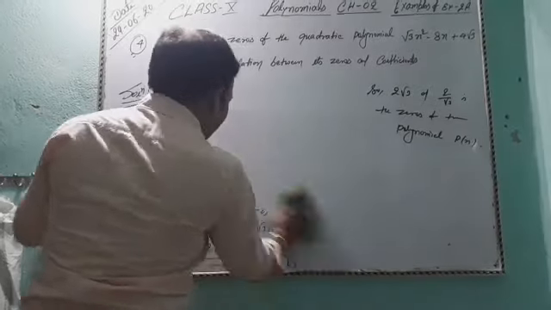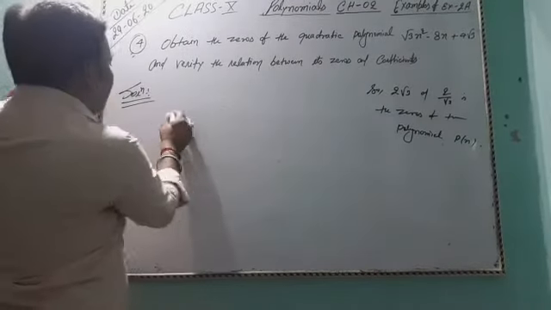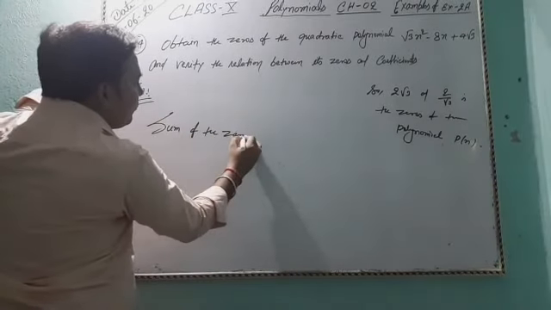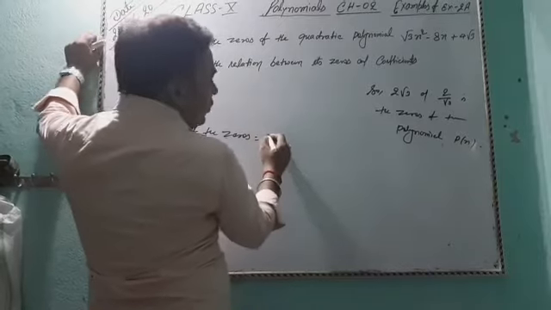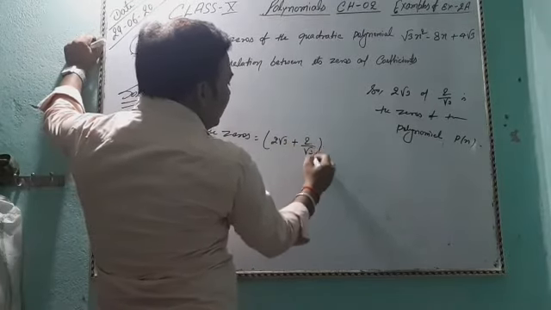So we find the sum of the zeros and the product of the zeros. So sum of the zeros equal to 2√3 plus 2/√3.